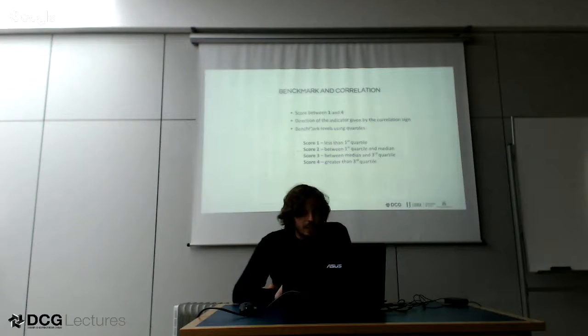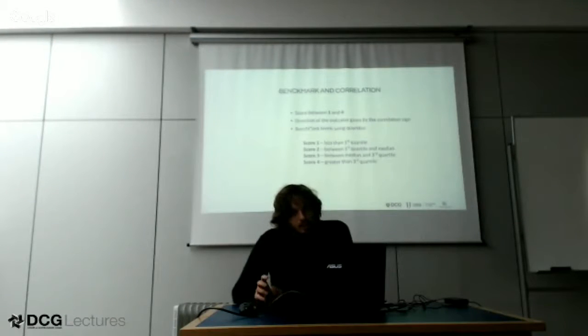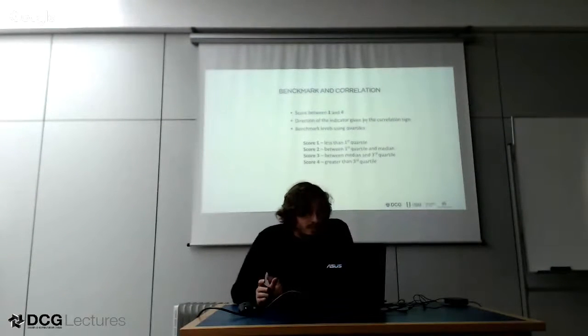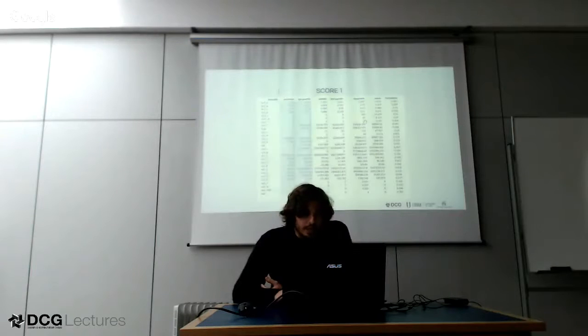We use the quartiles to run the benchmark: when a value is less than the first quartile, we give a score of 1; between the first quartile and the median, score 2; between the median and the third quartile, score 3; and greater than the third quartile, score 4.